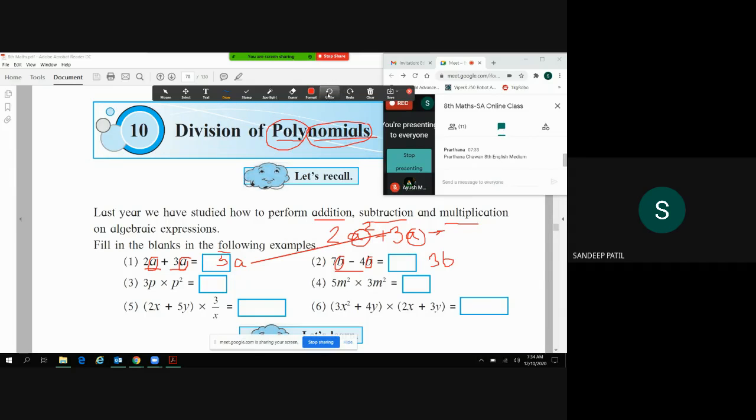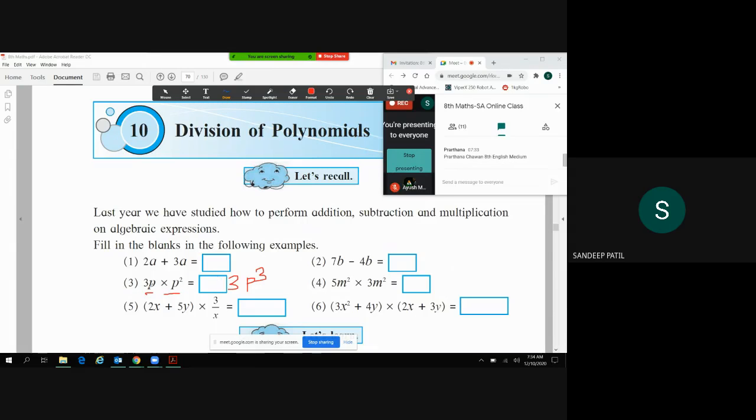Already you have studied this in your earlier standard, so I will not take much time here. You are expert in this, I assume. So let's see some multiplication terms like 3p into p square. It becomes 3p cube, right?